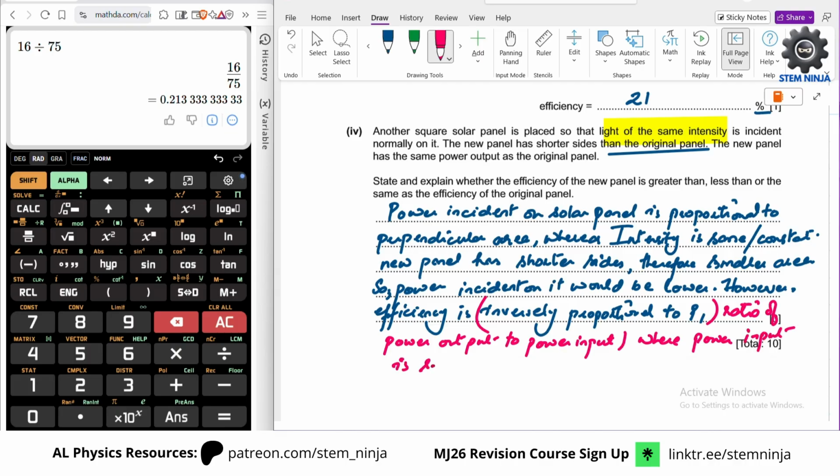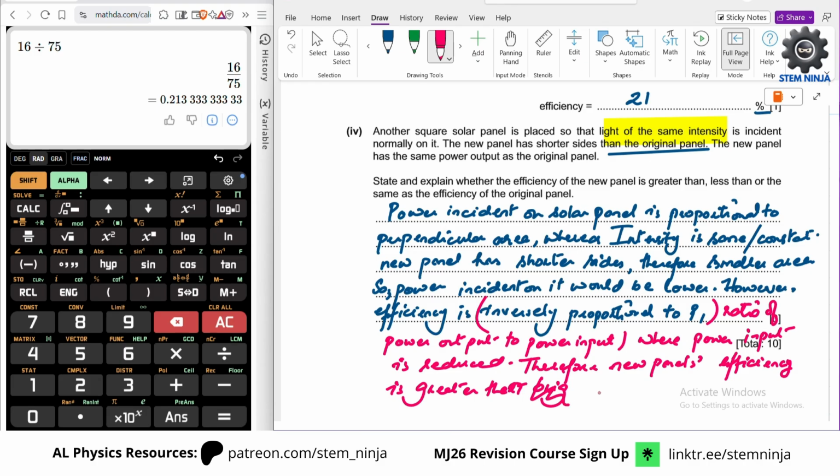Power input is reduced. Therefore, new efficiency is greater. So new panel efficiency is greater than that of original panel.